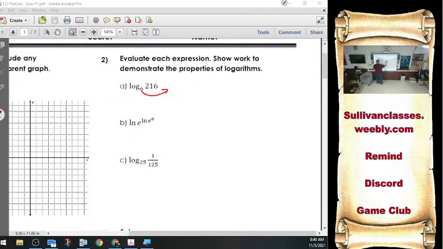If you just do this and then write 3, okay, I understand that you understand what a log does. Or if you wrote 6 to the x is 216. Write something to show that it's you that knows this, not your calculator.